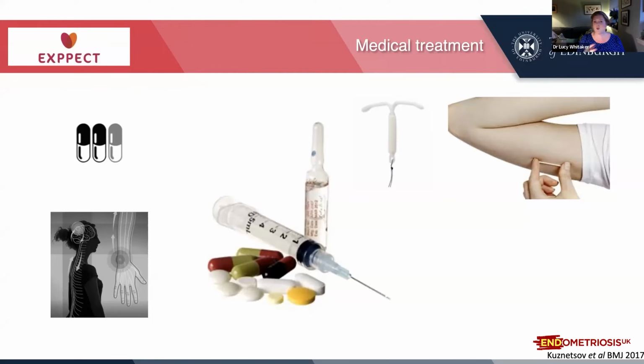Now, there isn't one of these treatments that's better than the other. They're all overall as good as each other, but they've all got slightly different side effect profiles. And so different hormonal treatments will suit different patients. It's about balancing things like the medium-term fertility intent, the side effect profiles, and also what an individual has tried before.